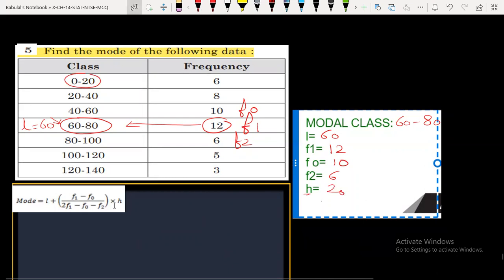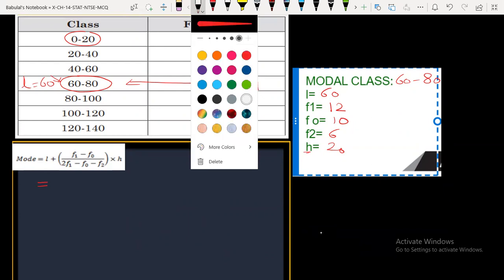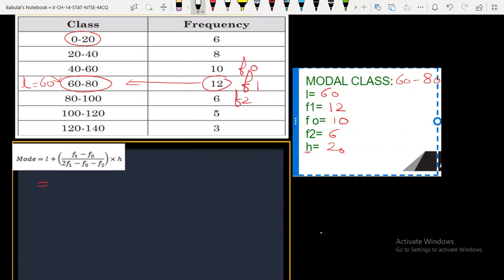Now we have to put all these values in the given formula. The formula here is mode is equal to L plus bracket F1 minus F0 divided by twice of F1 minus F0 minus F2 into H. So L is 60 plus F1 is 12 minus 10, 2 into 12 minus 10 minus 6 into 20.